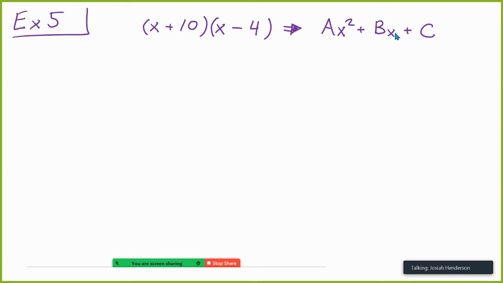Now, let's try multiplying these out and see what the answer actually is for example 5. Did anyone finish it yet? Would anyone like to share what they got, or even if you've just done part of it? You want the answer?